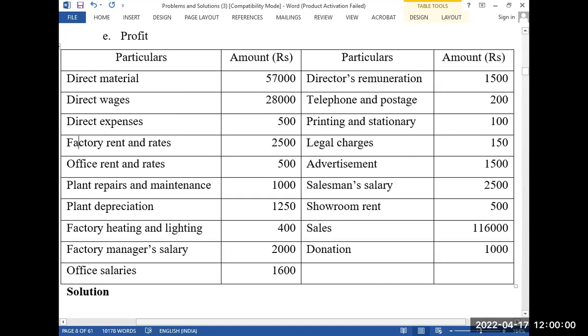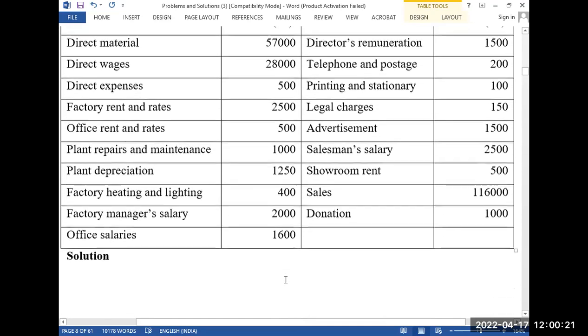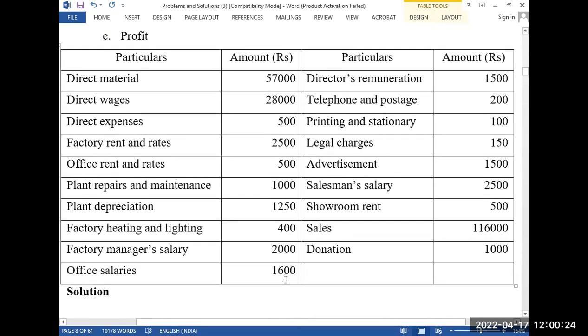Particulars, amount. If the number of units is given, you can divide the total cost by the number of units to find the per unit cost. In this question, I don't think the number of units is given. So we can leave it. You can just take the total cost. So you can take two columns for amount and one column for particulars. One column is just for taking a total or minus, and the last column is for the exact figure.